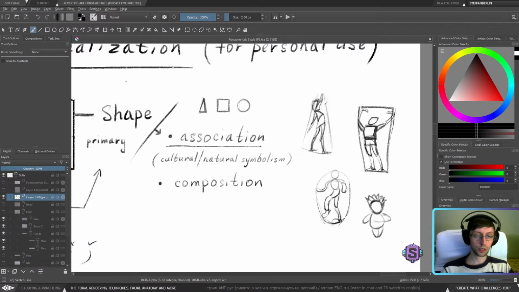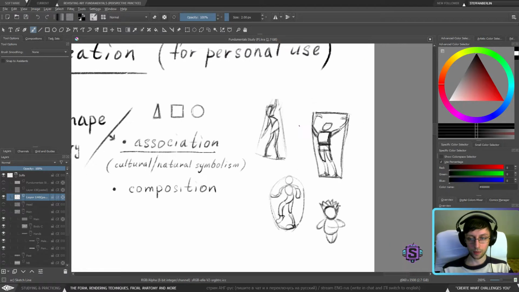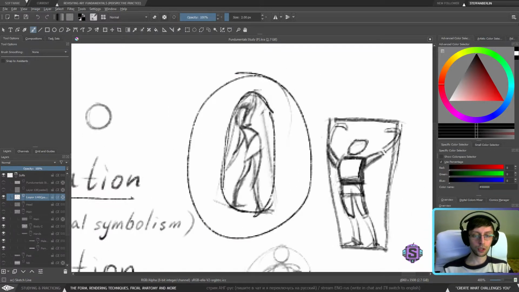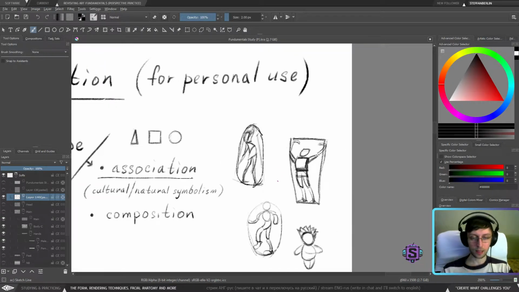And the other way to integrate a shape is to work with composition, which is basically taking the overall shape and making sure that this character is going to fit this shape and support the shape. It could be supporting, like triangles inside and triangles outside, or it could be contradicting when we have triangles inside and something quite spherical outside. This line, by the way, the compositional line, is going to be invisible, so it's something that we just have to picture in our mind like a print.